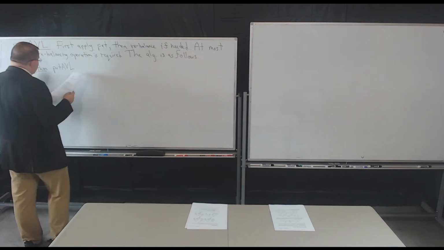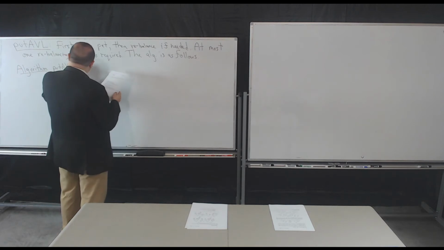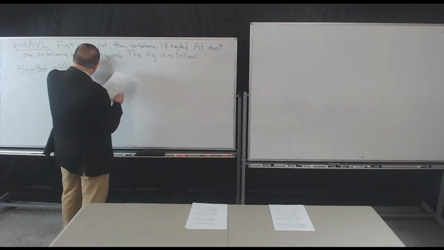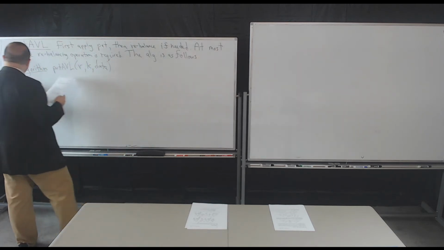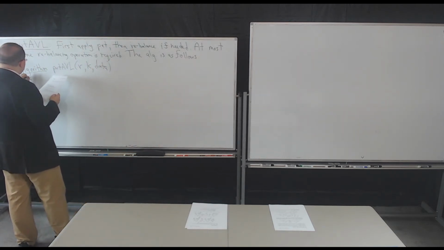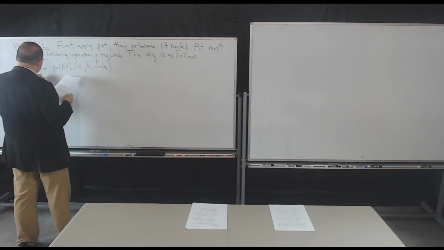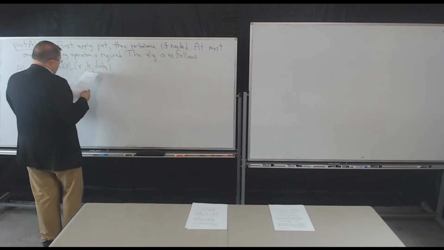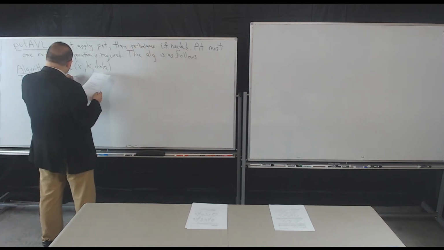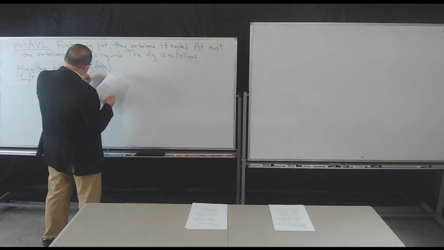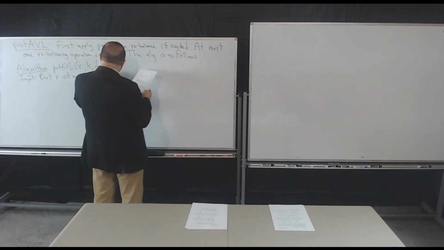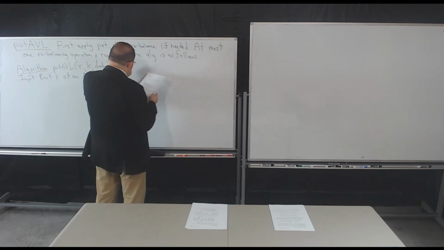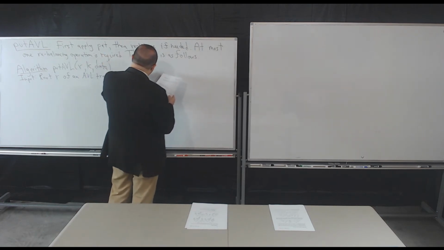So putAVL is going to take the root, key, and some data. So the input is going to be the root R of an AVL tree, and record K, data.